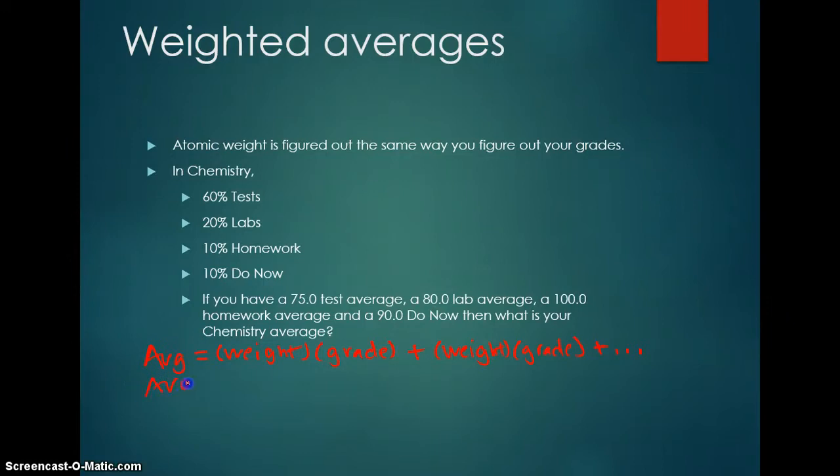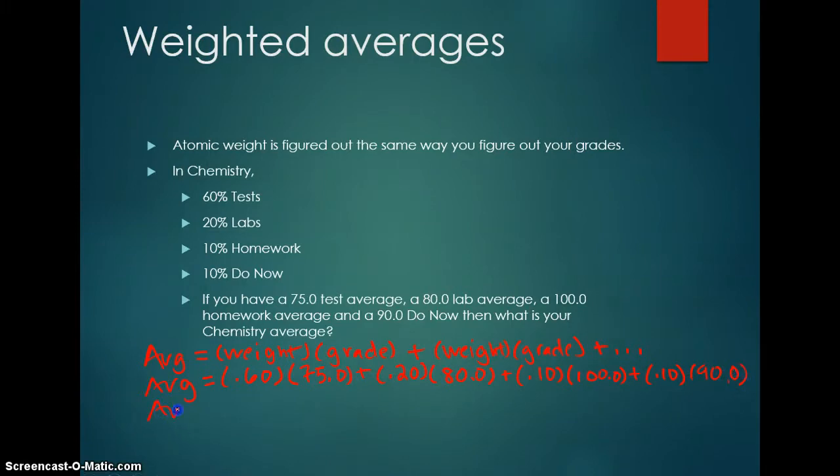Okay, so in this particular example, we're looking at 0.60, which is our 60% of tests, times our test average of 75, plus the 20% for lab, so 0.20, times our 80 lab average plus the 0.10, which is our 10% for homework, times 100 plus the 10% of do now times that 90 for a grade.